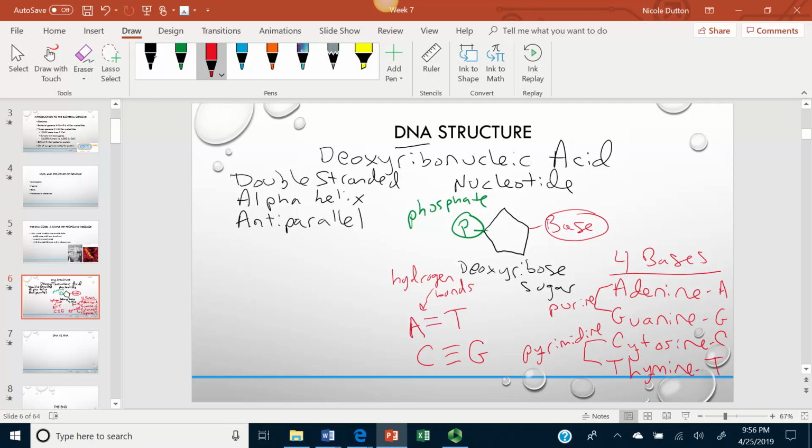So if we were to draw out the basic structure of DNA, we have alternating sugar and phosphate groups, and they're anti-parallel. So if those are the sugars, then we have the phosphates. And that's what makes up the backbone of DNA.